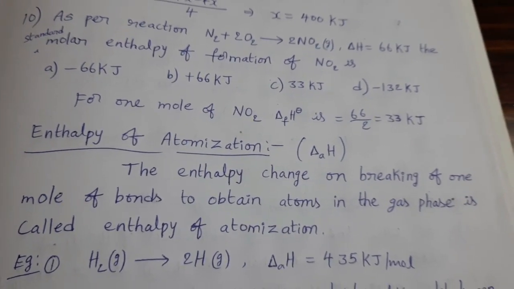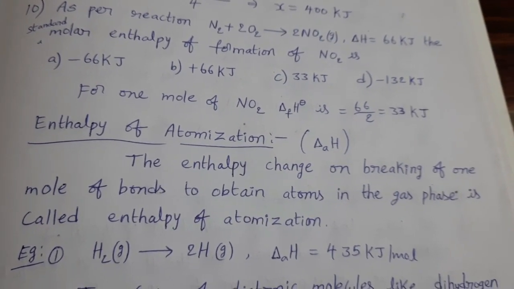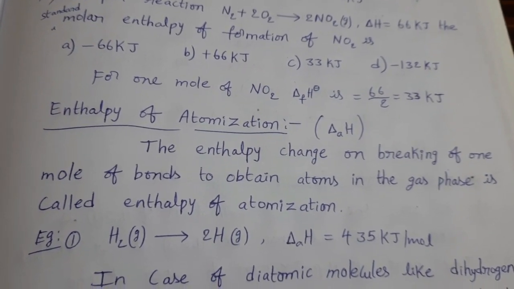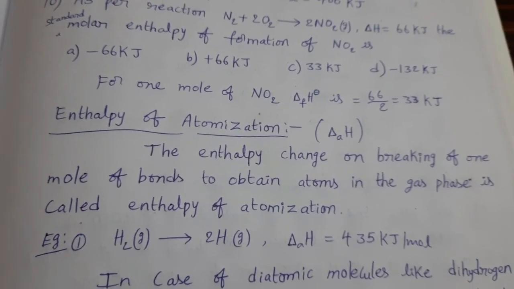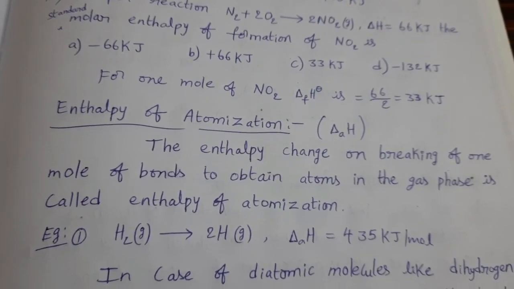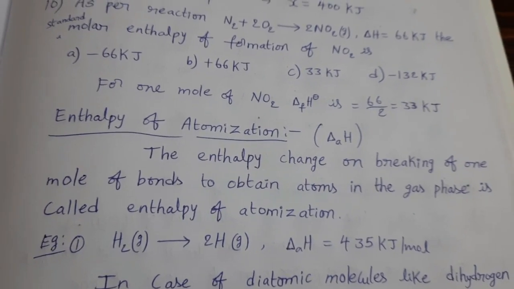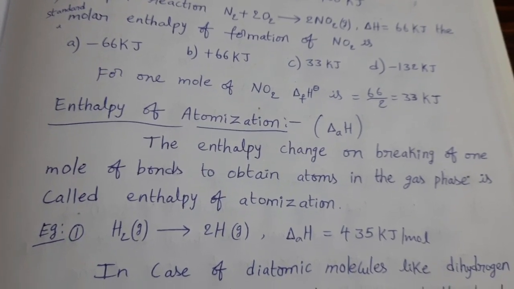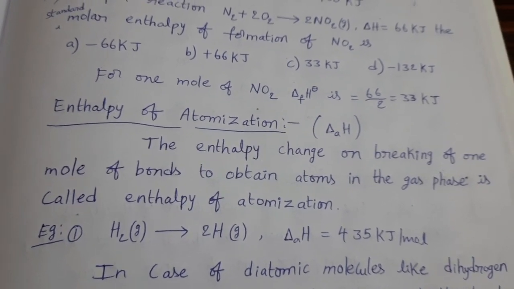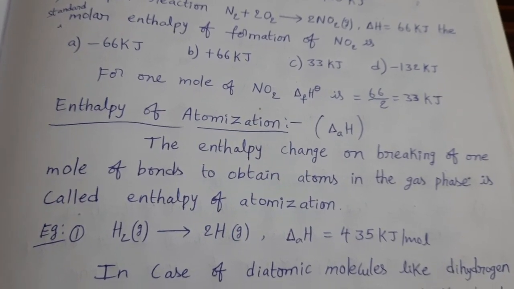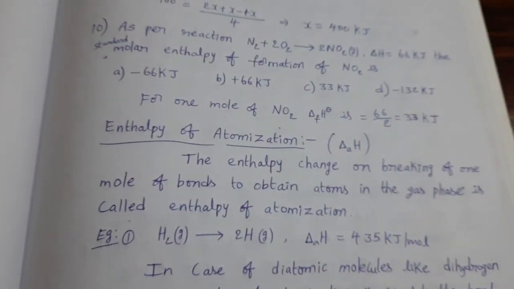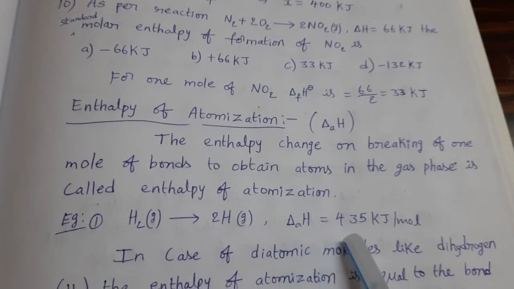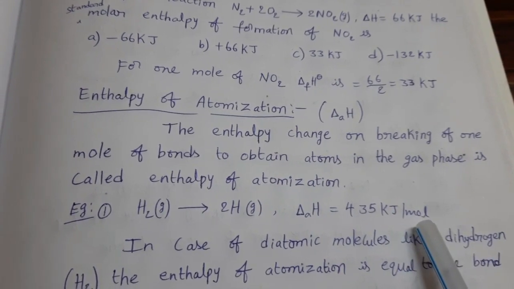Example, H2 gas gives rise to 2H in gaseous state. H2, the hydrogen molecule, is converted into hydrogen atoms in gaseous state. For this conversion, the required enthalpy is called enthalpy of atomization. Delta A H equal to 435 kilojoule per mole.